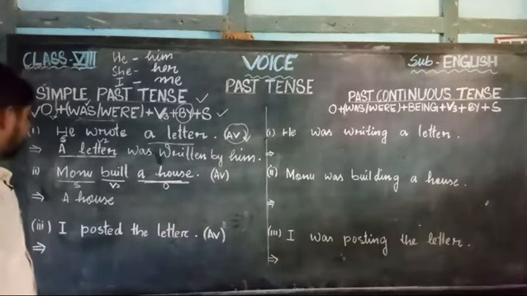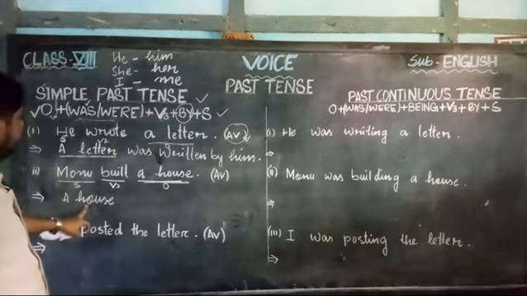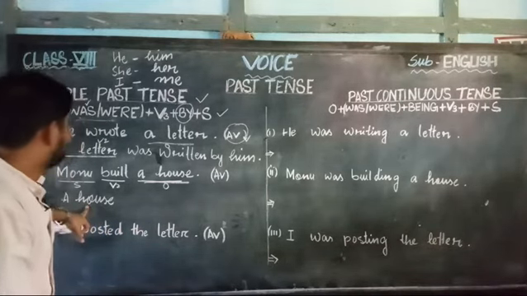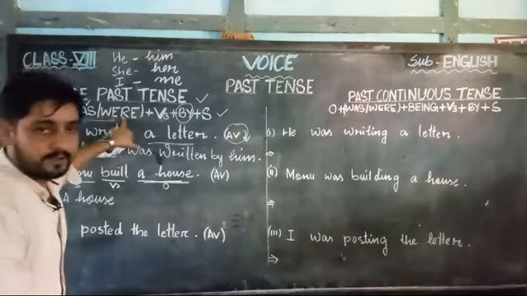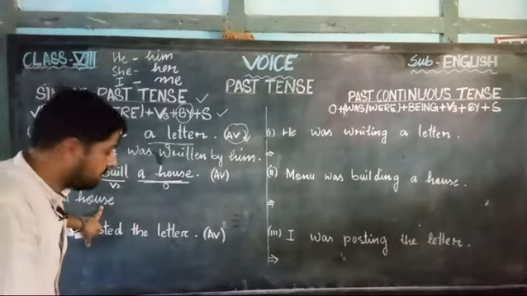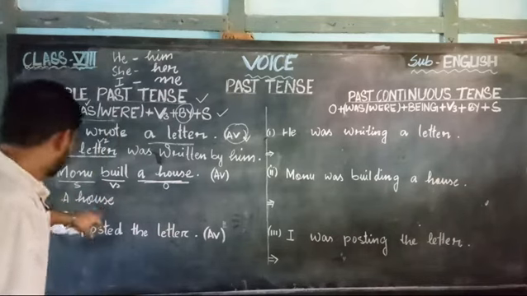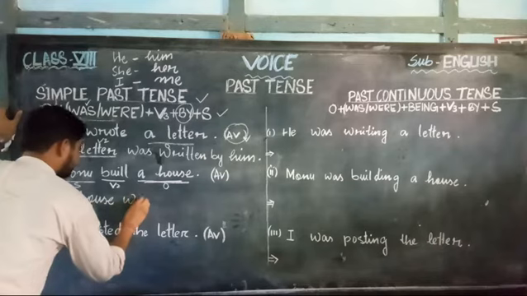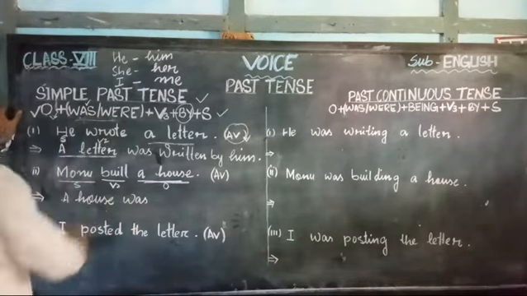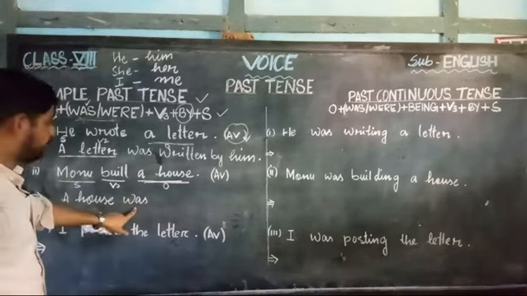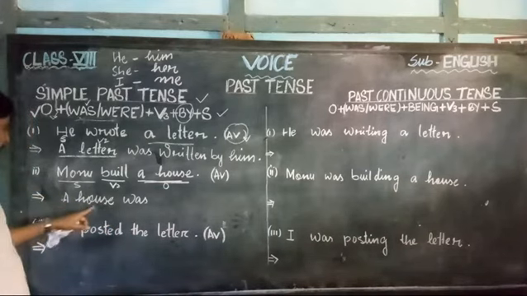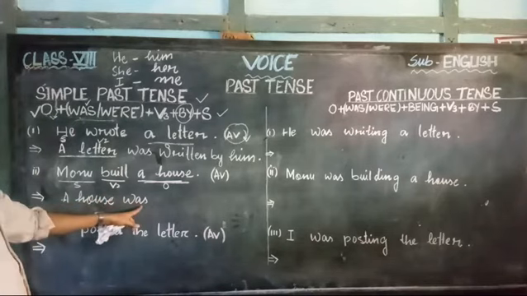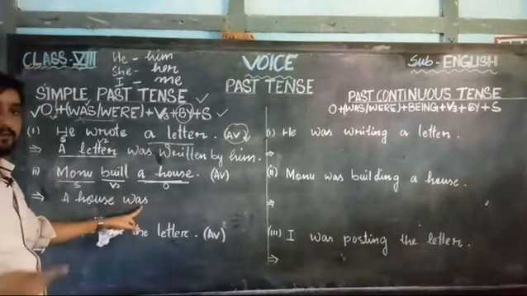Now a house is singular, so we will use was here again, not were. If it were houses, then we would have written were, not was.